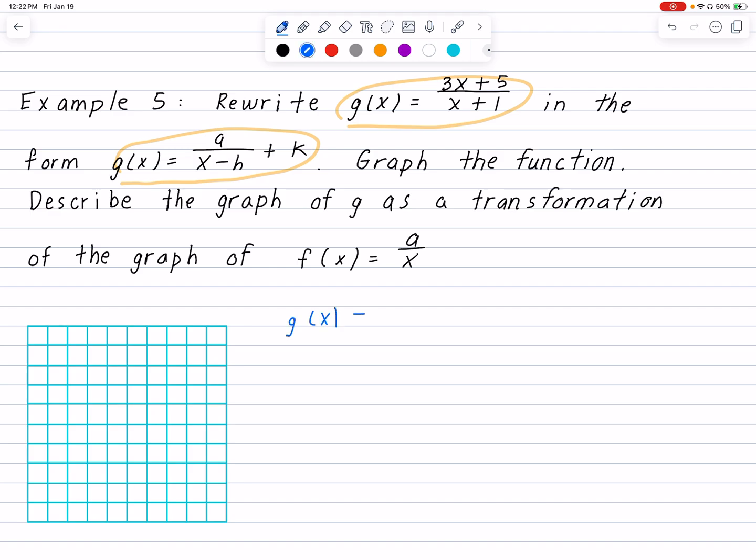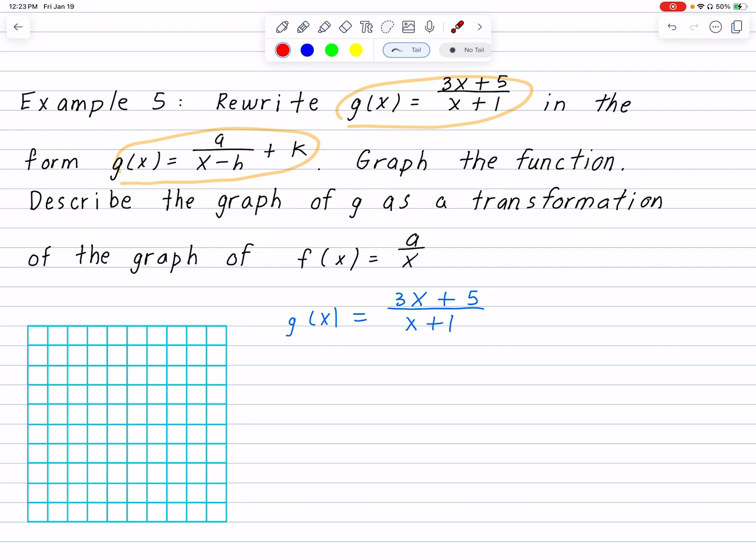So we have our function g of x. Now, before we even really start, I want you to think about the numerator. From the very start, I'd like to be able to cancel out a common factor from top and bottom.